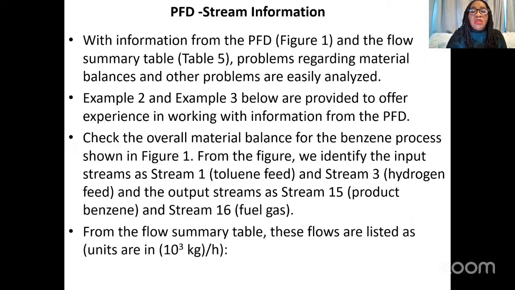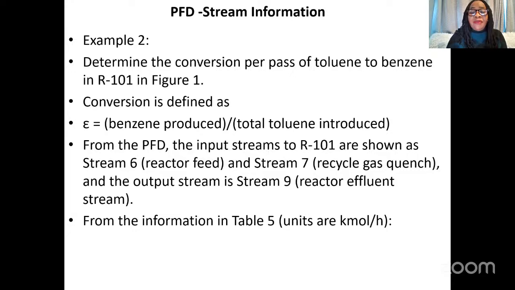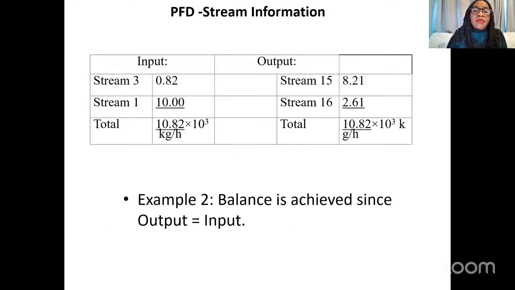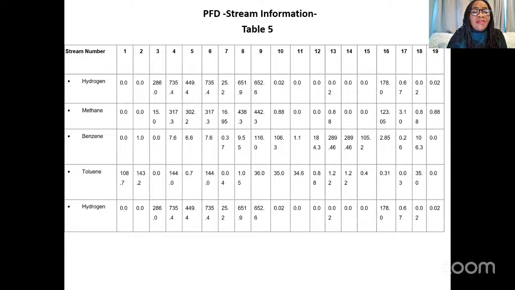So we're using, in this case, table 5. Let's check for table 5, input streams 6 and 7, and output stream 9. So table 5, input streams 6 and 7. Remember that the input is toluene, and okay, so we have here 144.0, and then stream 7 is 0.04.